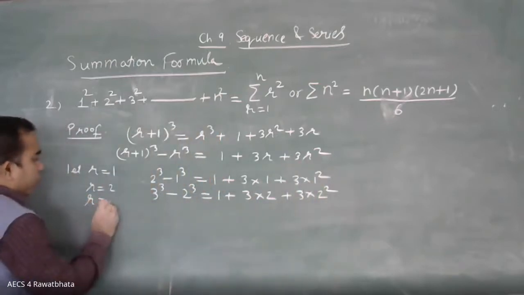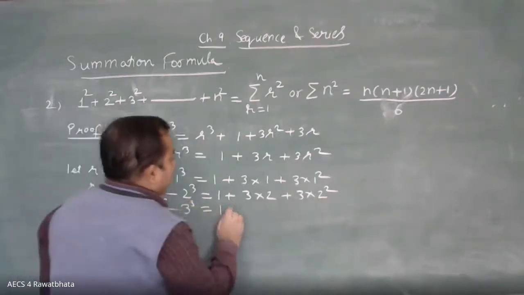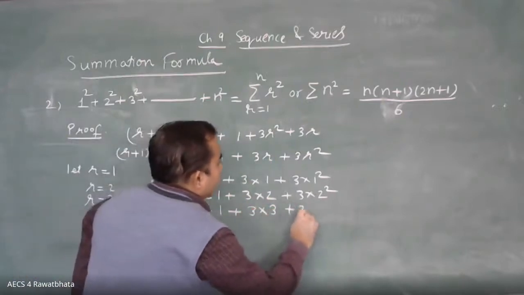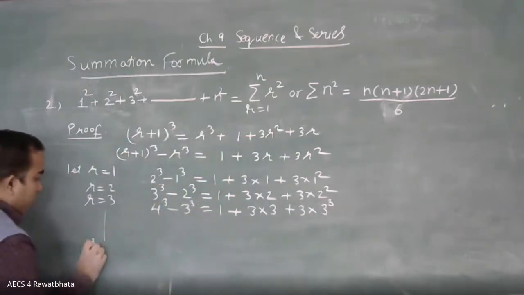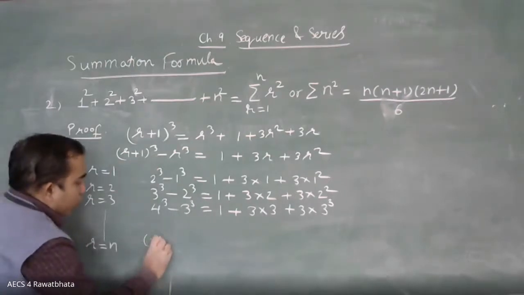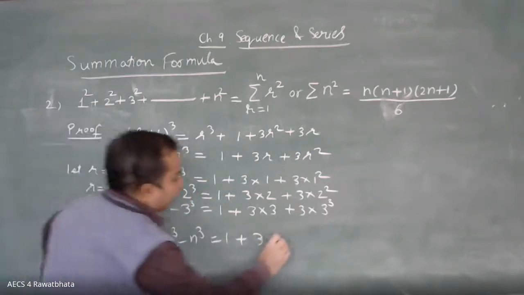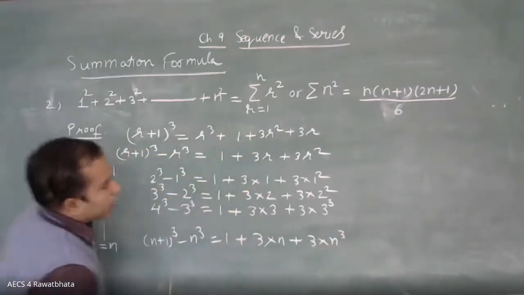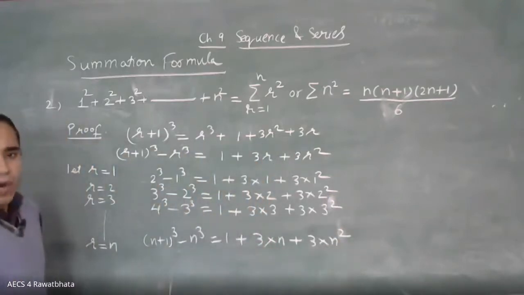Now you put r equal to 3, then this will become 4 cube minus 3 cube equal to 1 plus 3 into 3 plus 3 into 3 square, etc. And in the end, you put r equal to n. Then it will become n plus 1 whole cube minus n cube equal to 1 plus 3 into n plus 3 into n square. Right. And now let us add them.